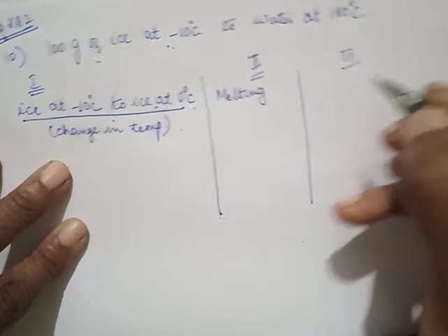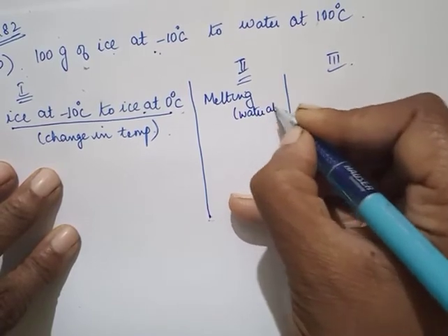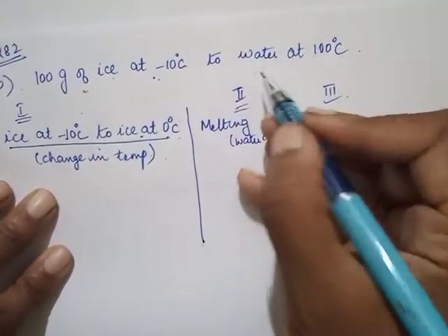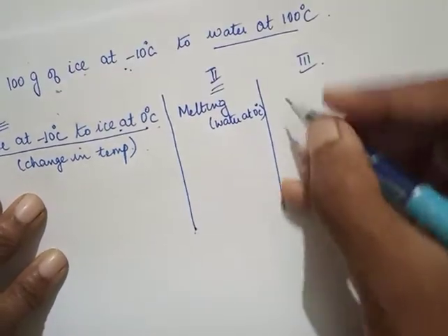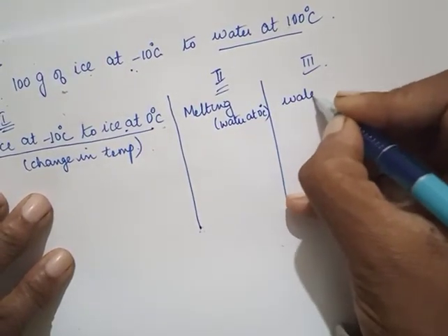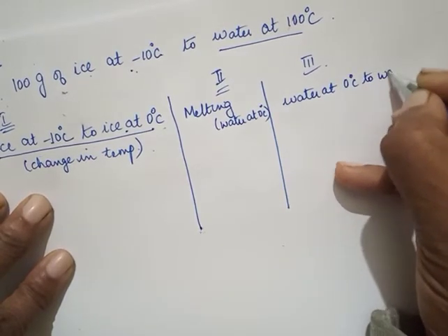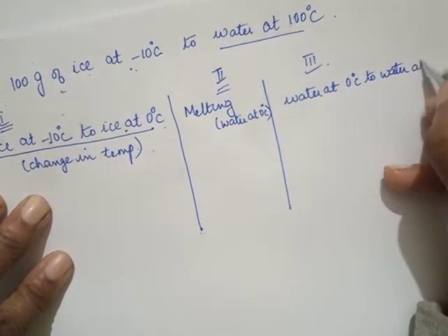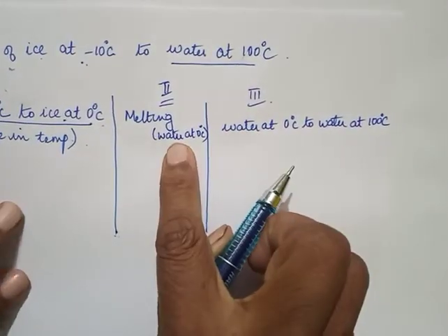And the third thing: what will you get now? After melting, you will have water at 0 degrees Celsius. But the question says you should heat till the water becomes 100 degrees Celsius. So water at 0 to water at 100 degrees Celsius.